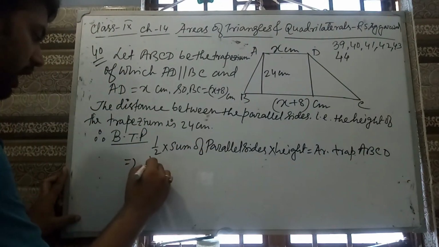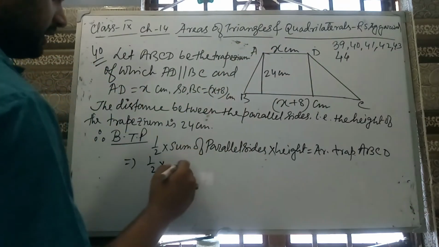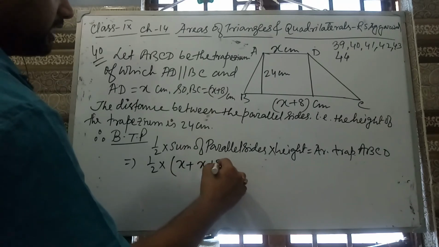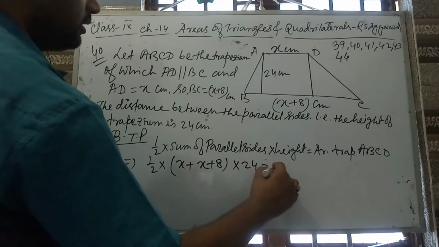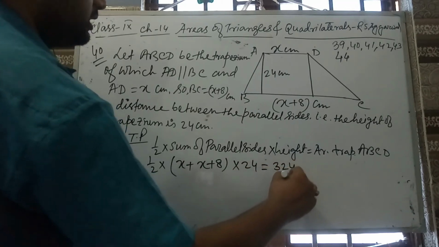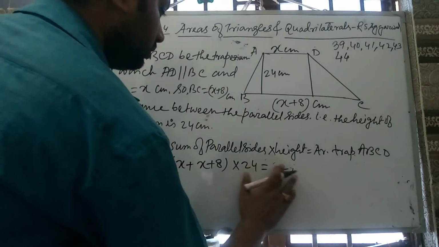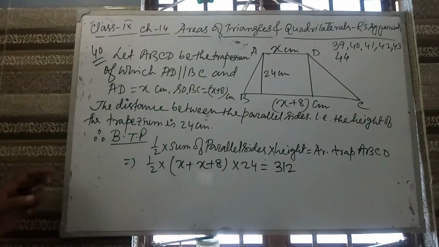That implies half into sum of parallel sides means one is x, another is x plus 8. So x plus 8 into height, 24 given. The area is 312.